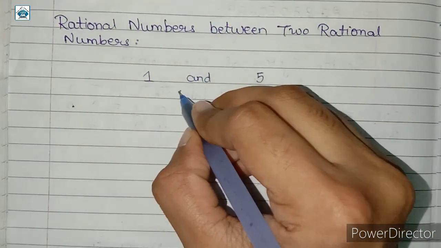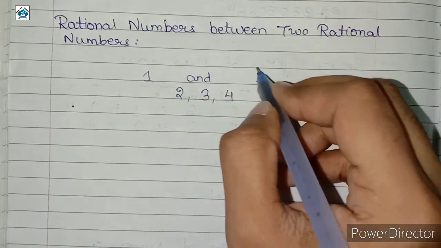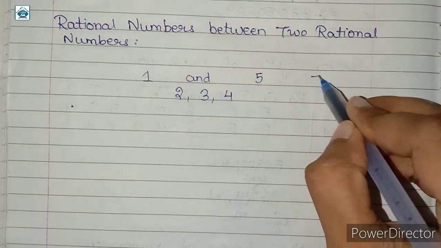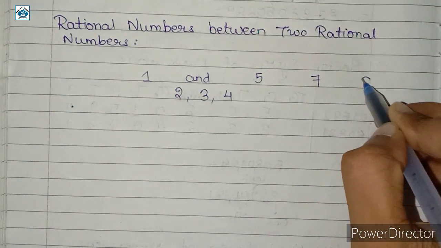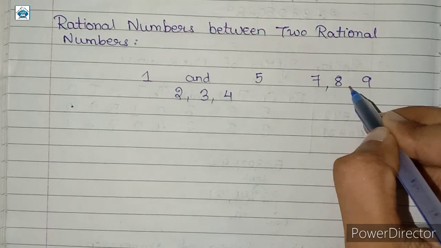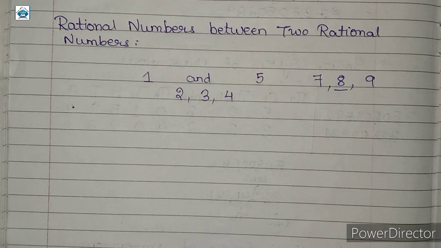You can find 3 natural numbers, 2, 3 and 4, between 1 and 5. What about 7 and 9? How many whole numbers can you find between 7 and 9? There is only one. The whole number, which is also a natural number, 8, lies between 7 and 9.